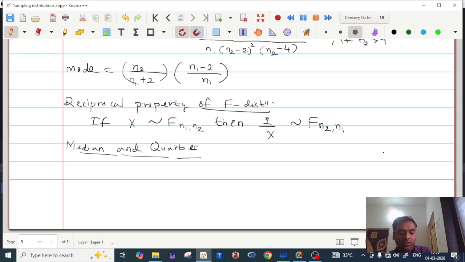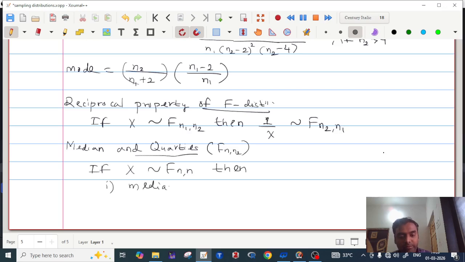Median and quartiles, for what? If X follows F with n comma n, that is, if n1 and n2 are both the same, then the median of the distribution is 1 and the quartiles are reciprocals of each other.